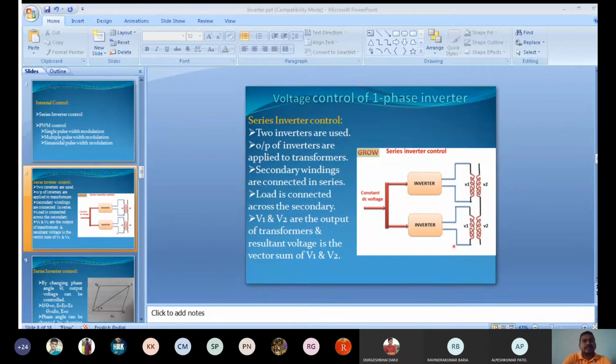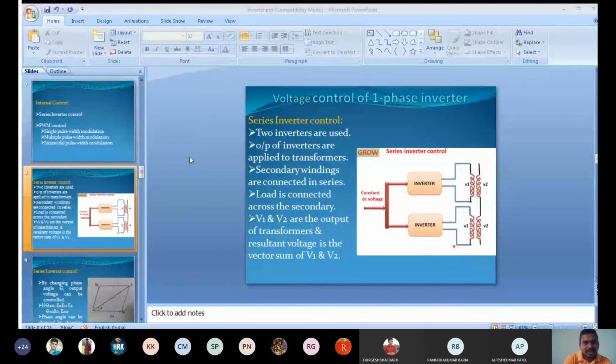Now next is the multiple pulse width modulation control method. In multiple pulse width modulation, look at this waveform. This is the half cycle.